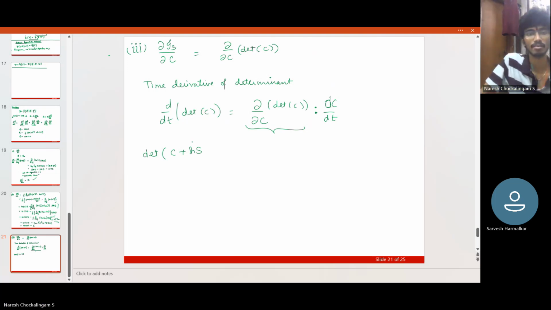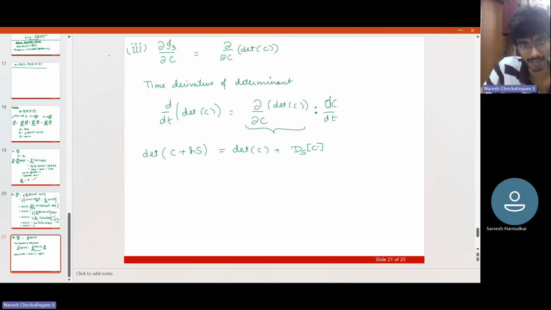So the left hand side is basically the determinant of C plus hS, minus det C, divided by h in the limit h tends to 0. Right. So let us first see what this expression is. This will be the determinant of C plus the directional derivative of det C in the direction S at the point 0.